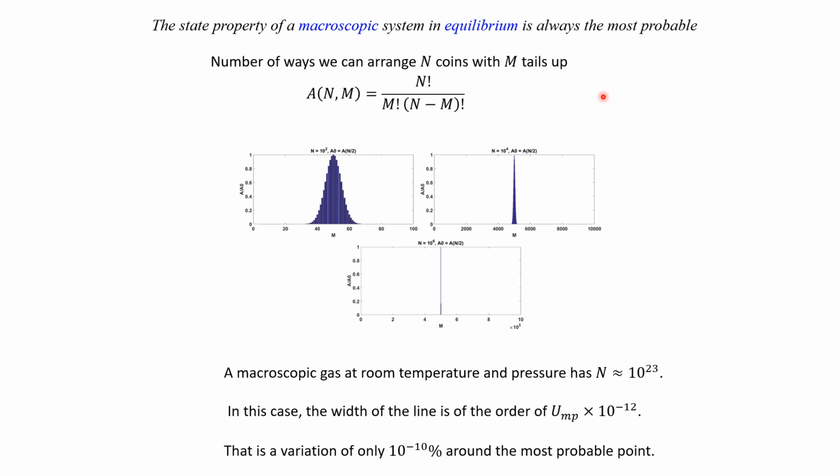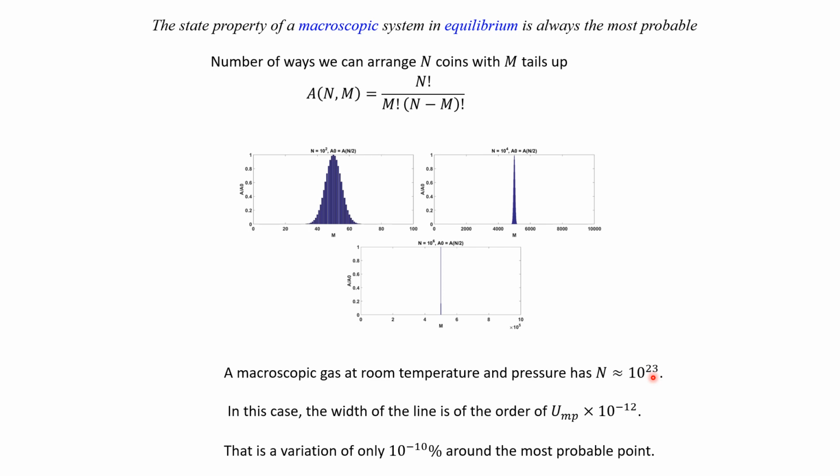If we toss 10 to the 23 coins, it is guaranteed that we're going to find half of them with tails up. If we toss again, it is still guaranteed that we're going to find half of them with tails up. If we toss again, it's going to be half of them with tails up, and we can toss them forever. We're going to find half of them with tails up, even though all states are equally probable.